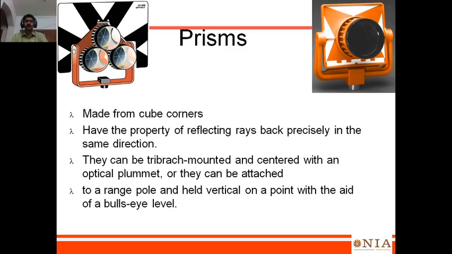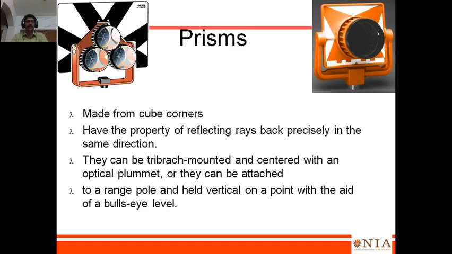This is the prism. Three-prism model, single-prism model. Predominantly nowadays for short range or medium range, we use the single-prism model. For long range, we use the triple-prism model, made from cube corners, which have the property of reflecting rays back precisely in the same direction.